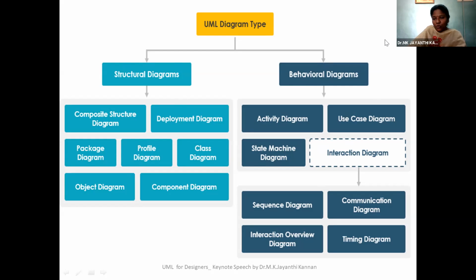Based on the given problem or case study, you need to identify which diagram can represent the scenario properly. If it is representing an internal behavior, then you should go for activity diagram. If the given case study is representing the external behavior of the system, then you should go for state machine diagram. Or if you want to represent only the classes or objects or functions, in that case we'll go for structural diagrams.